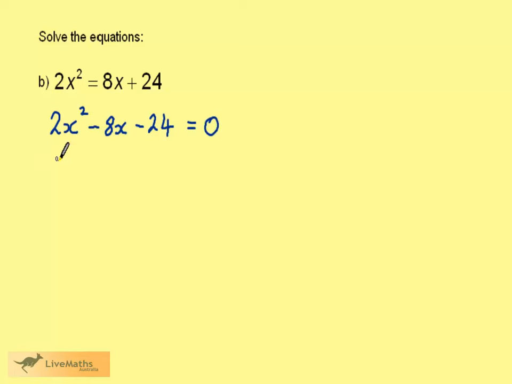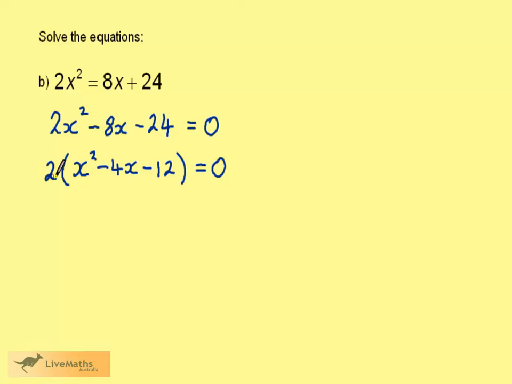Note we have a common factor of 2 in all of the terms. Take out 2, and in the bracket we have x squared minus 4x minus 12, and this is equal to 0.